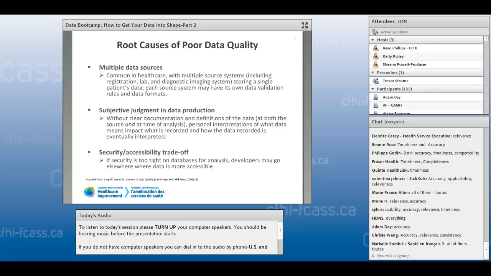So we want to make sure that the information that we know is accurate, that is our highest quality data, is actually accessible to those who need to be able to access that.